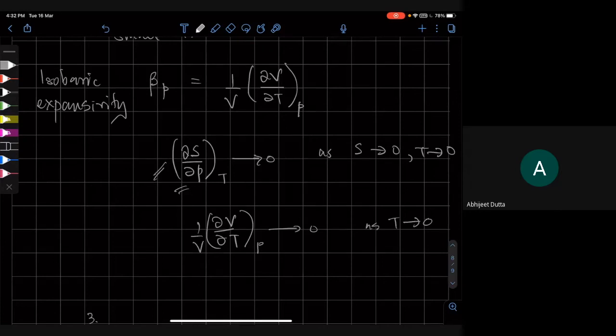I think the word fluctuation is a bit misleading. Because what we are doing at the end of the day is counting states, right?